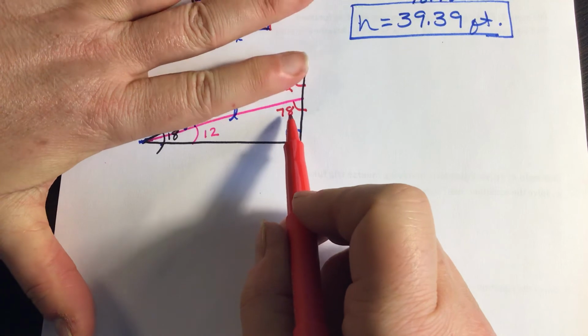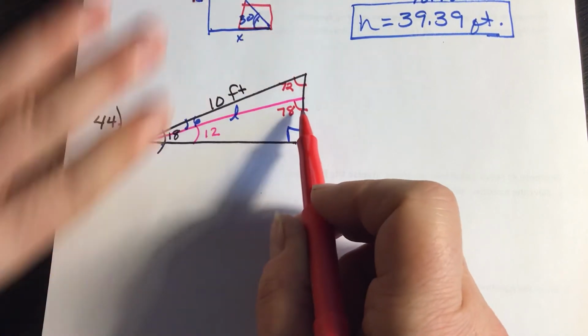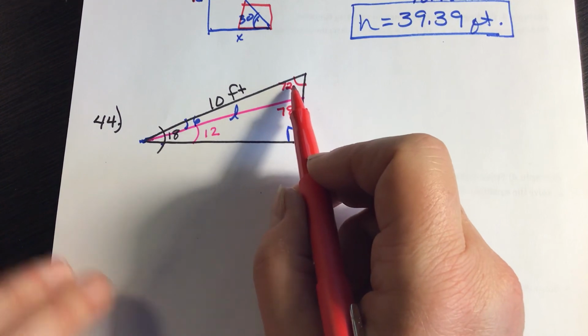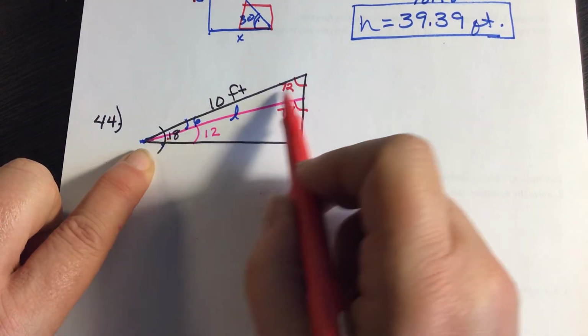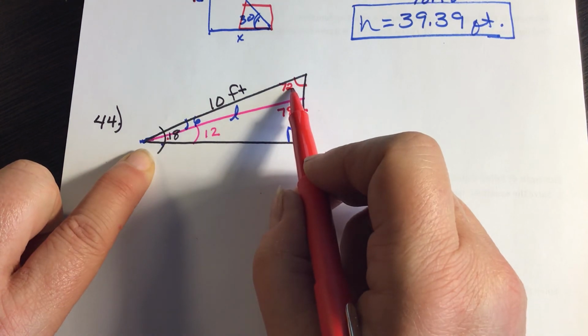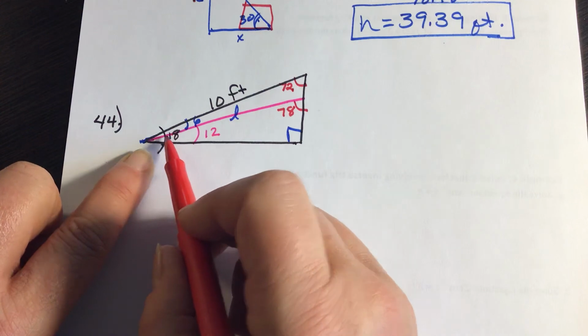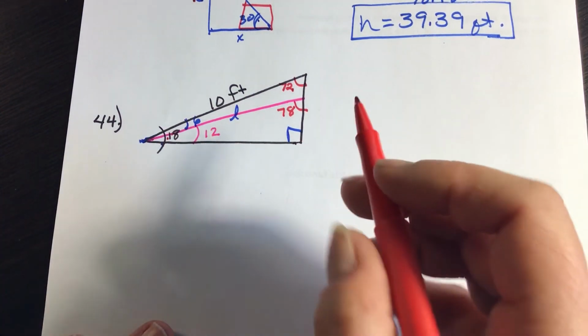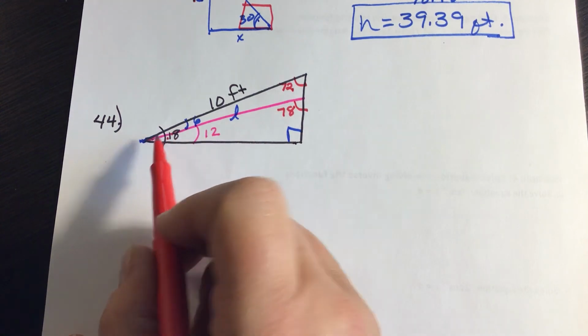This is 78 because 78 plus 12 has to add up to 90. This is 72 because this is 18, so 72 plus 18 adds up to 90. But I'm really looking for the length of the side in the middle.